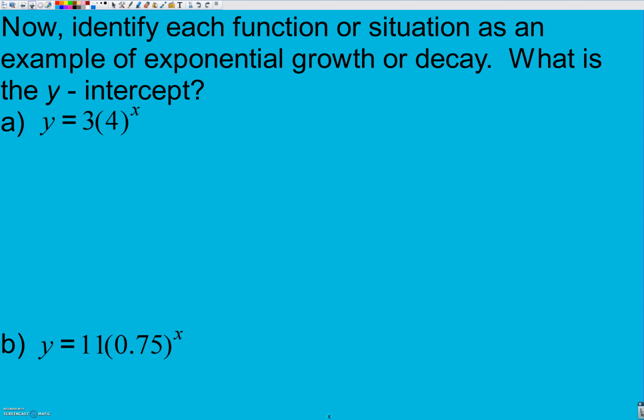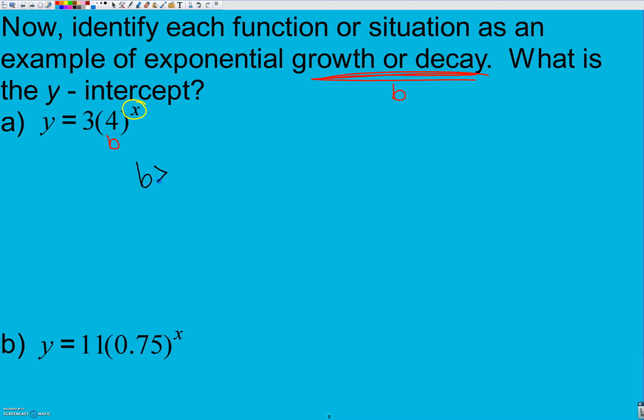Okay, identify each function or situation as an example of exponential growth or decay. What is the y-intercept? So again, to figure out if it's growth or decay, we need our b value, and our b value is always the number that's being raised to the exponent. So because 4 has our exponent, it means that's our b value.